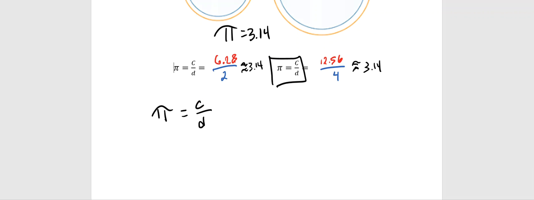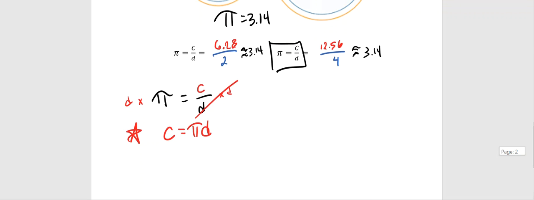Well, we can take the same approaches that we take for solving any equation and use inverse operations. So the fact that circumference is being divided by diameter right now, I can multiply both sides by the diameter. The diameter is going to cancel, leaving me with circumference is equal to pi times diameter. And that is the formula that we will rely upon for solving for the circumference of a circle.